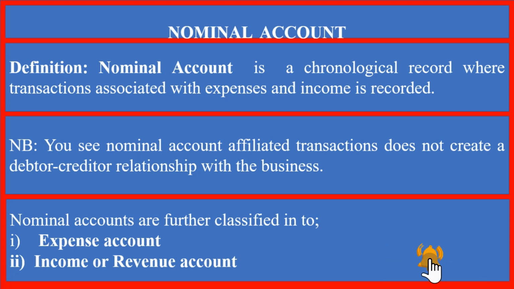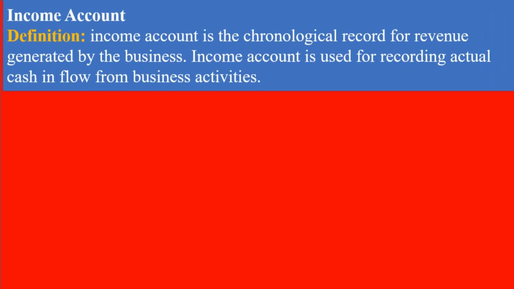Now, nominal accounts are further classified into two. Expense account, as we discussed, and number two is income or revenue account. So, what about income account? How do we define this term? Now, income account is a chronological record for revenue generated by the business.